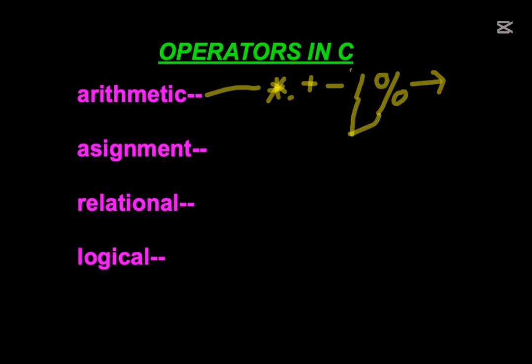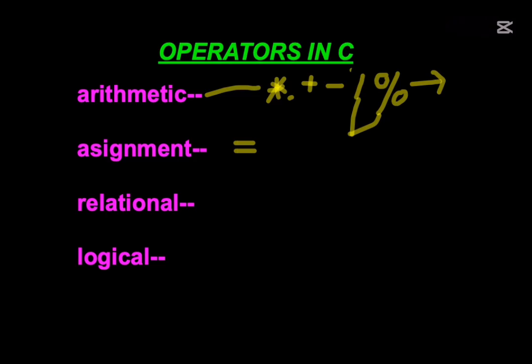Now I'm going to be talking about assignment. Each time we want to assign, we use this operator for assignment. What's the meaning of assignment? It means you're trying to store something in a variable.